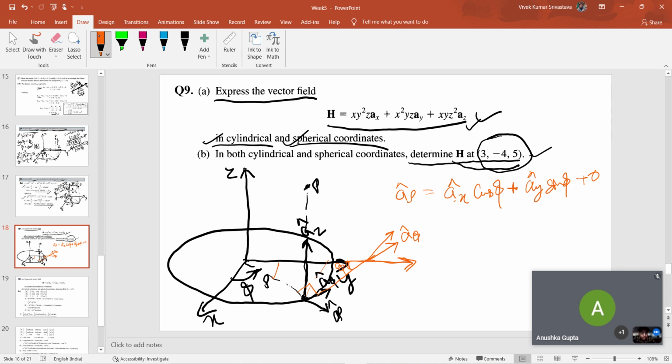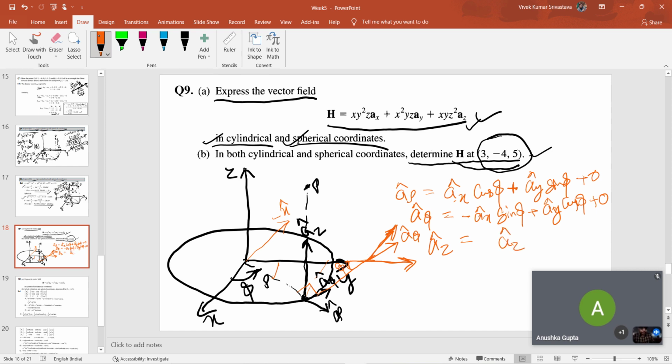because z is not in this plane, this is the xy plane only. Similarly, a phi will be equal to minus ax sin phi plus ay cos phi, because this is along the minus x direction, and the z component will always be 0 here because this is in the xy plane. And az will be equal to az only.